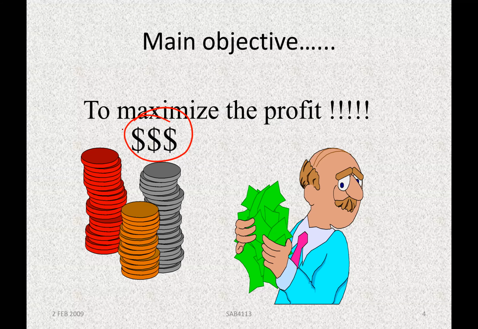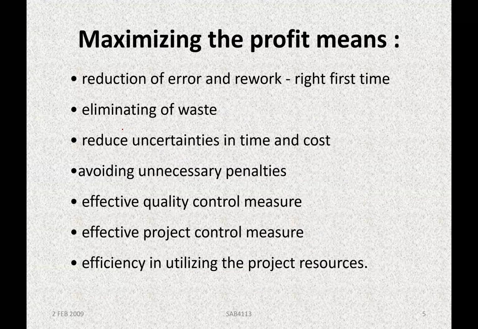And how to generate money or profit? Not by cheating. Well, you can make a lot of money by cheating, going against all the rules and regulations. For instance, you want people to approve your lousy work, so you bribe people. Well, you can make a lot of money out of that, but that is not the concept in proper ethical manners.